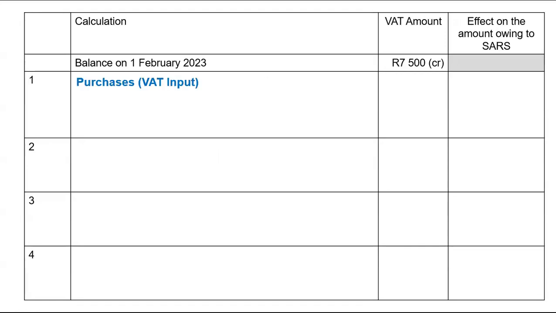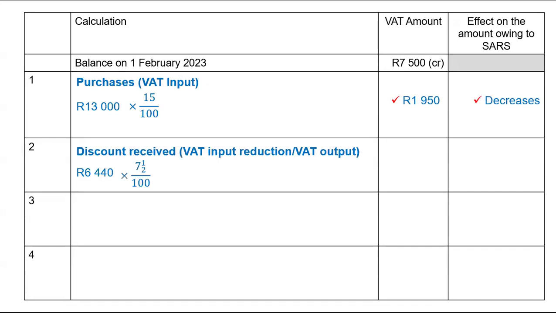This is what the mistake was. So basically what happened is that when we recognized debtors allowances, we recorded that input on it.